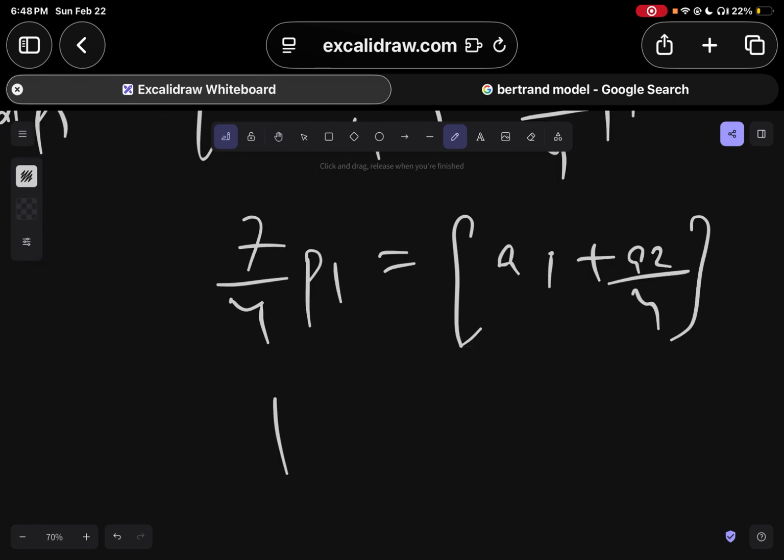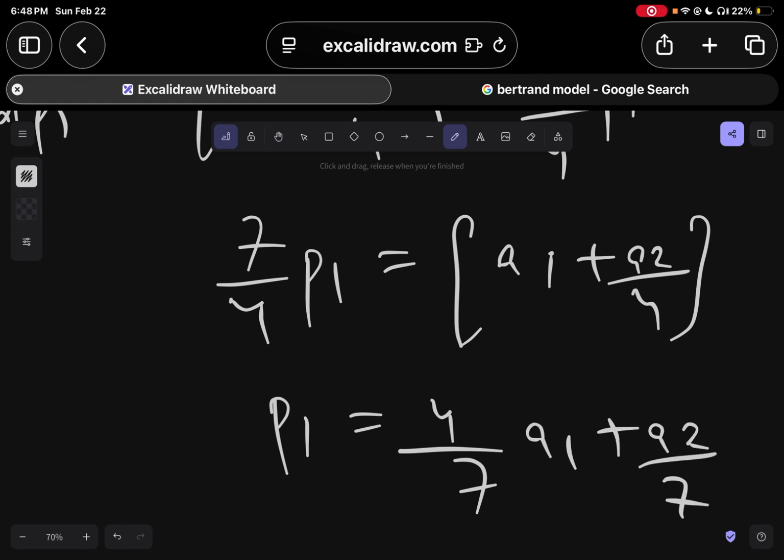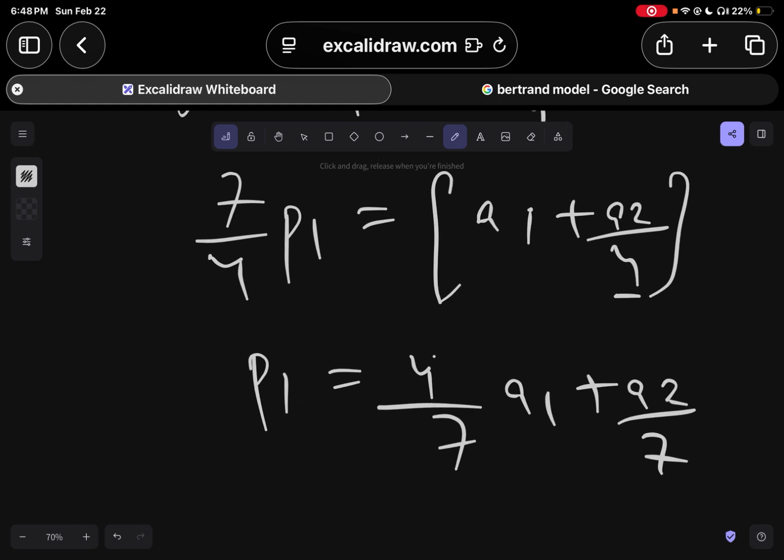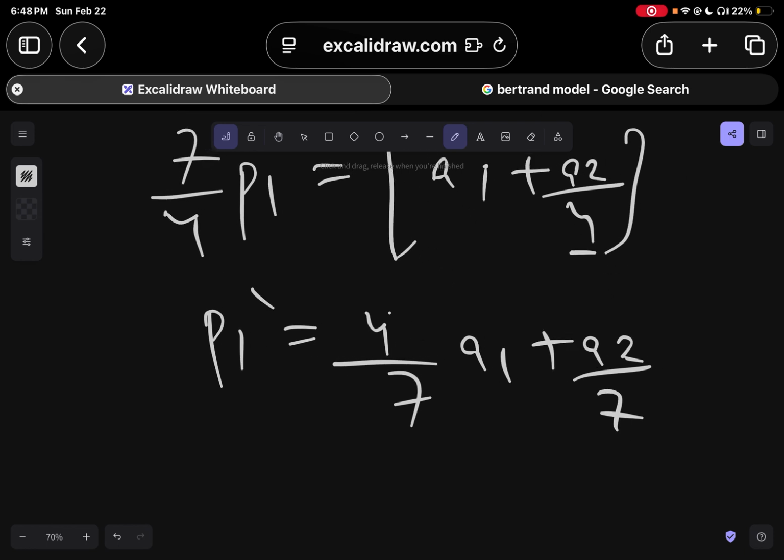Now P1 will be 4 by 7 times A1 plus A2 upon 7. I just cut 4 from the numerator, and 7 becomes the denominator. So this is P1 star.